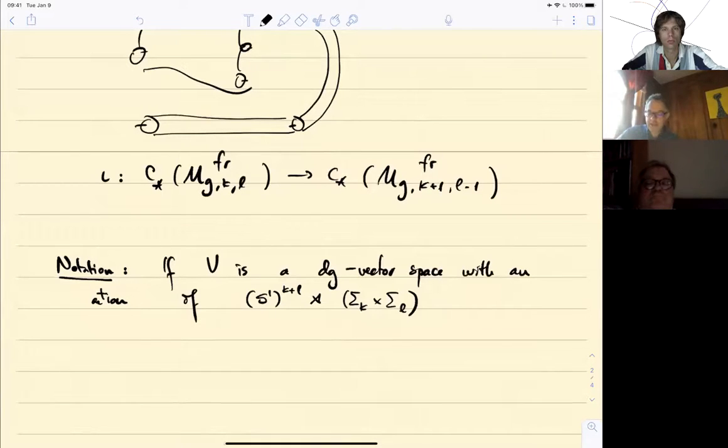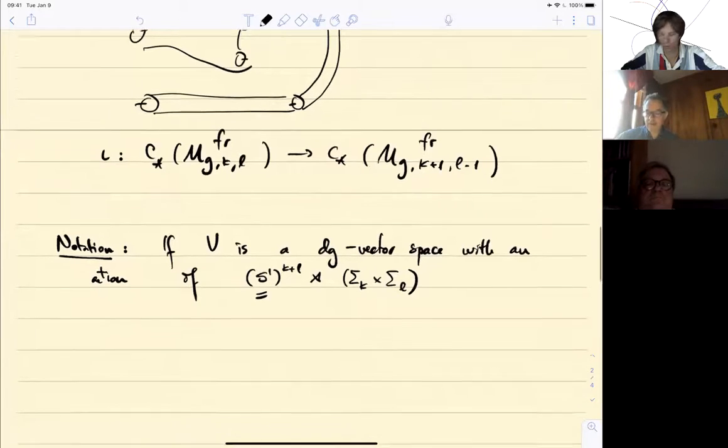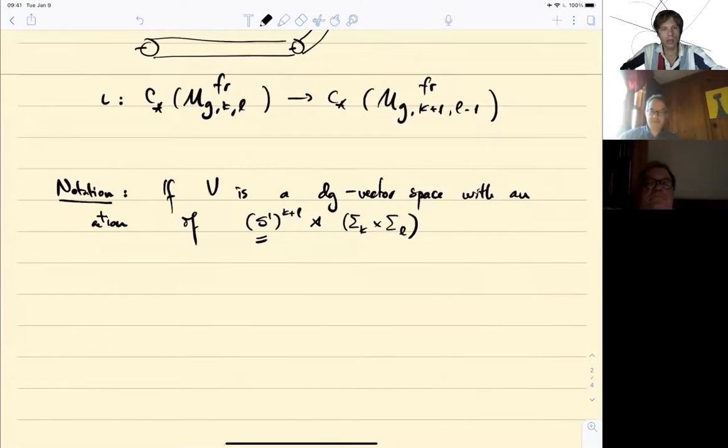That's the S1 action. So I've got K plus L independent circle actions. And I can permute the inputs or I can permute the outputs, just like in a prop. I have an action like that. That's just permuting the labels. And of course, the product is not a direct product, it's a semi-direct product, because if I rotate here and then I permute, that's the same thing as rotating somewhere else.